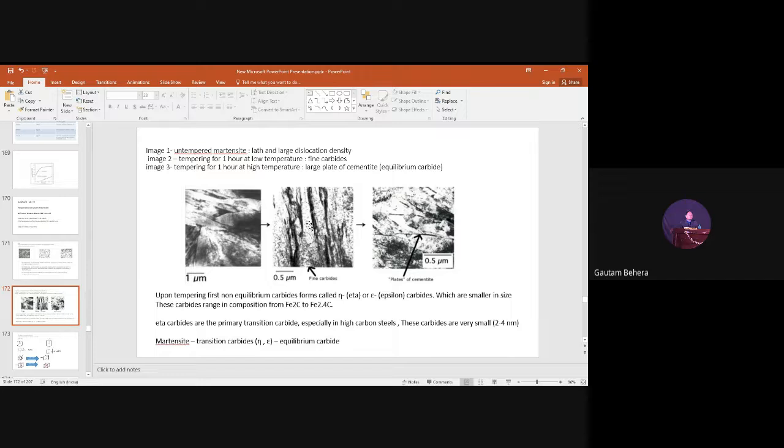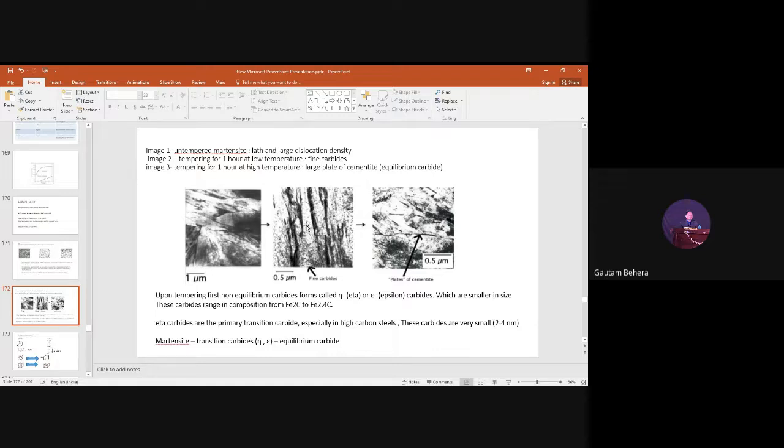These are intermediate carbides, or transition carbides, which are very fine. It is very difficult to look into these carbides. These are either Fe2C or Fe2.4C. You can call this the eta carbide, or epsilon carbide. Fe2.4C is epsilon carbide, which has an HCP structure, hexagonal close-packed. But cementite is a complex orthorhombic structure, right?